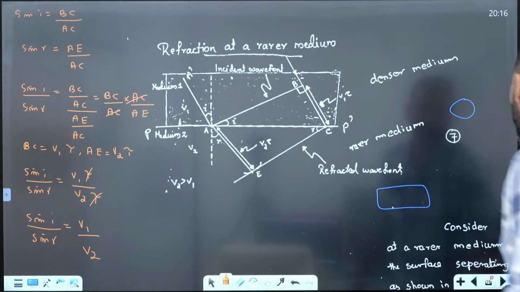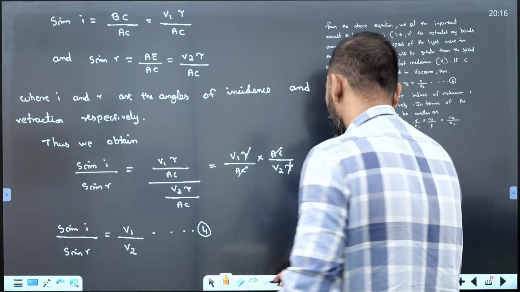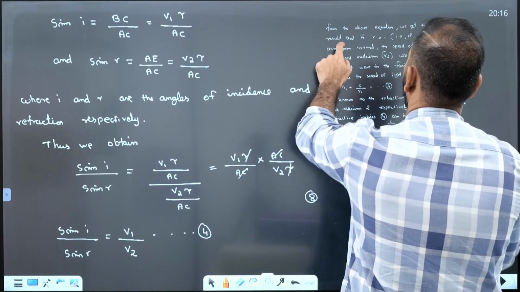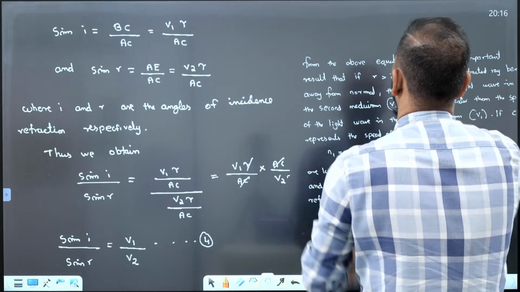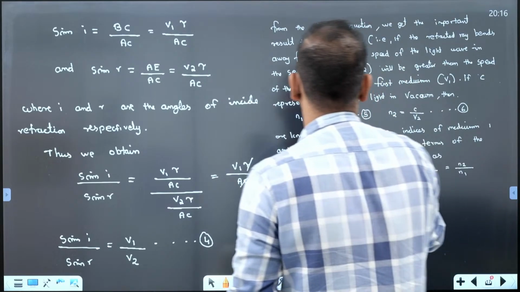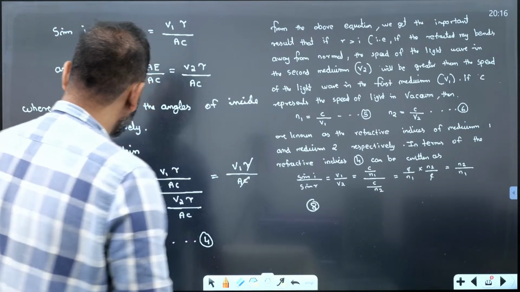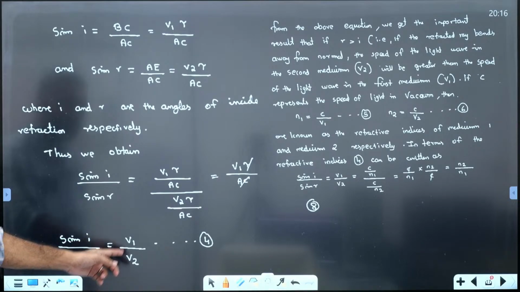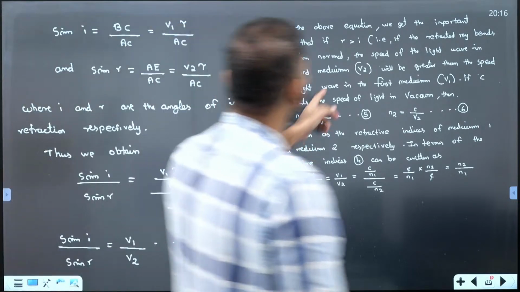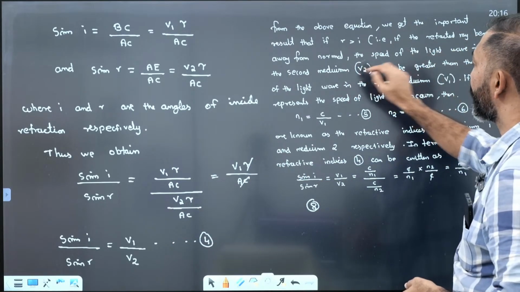Now, continuing with the derivation, from the above equation we got the important relation: when r is greater than i, that is, if the refracted ray bends away from the normal, then v2 has to be greater than v1.